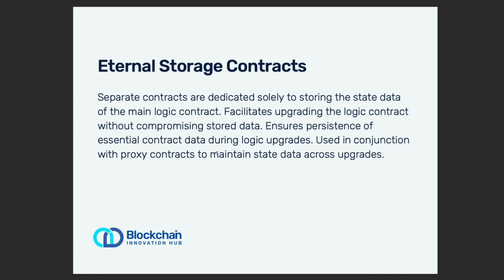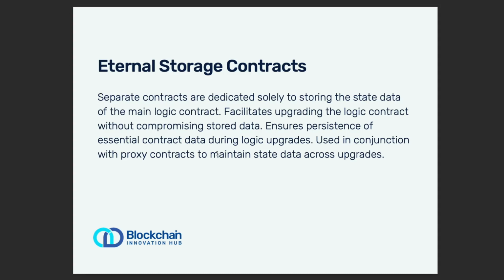Now we have internal storage contracts. They work with the proxy contracts. They are used in conjunction with the proxy contracts. What they do is, these are separate contracts dedicated solely to storing the state data of the main logic contract. So if you are building your contract, you are going to have a separate logic contract, and then you also have a storage contract.